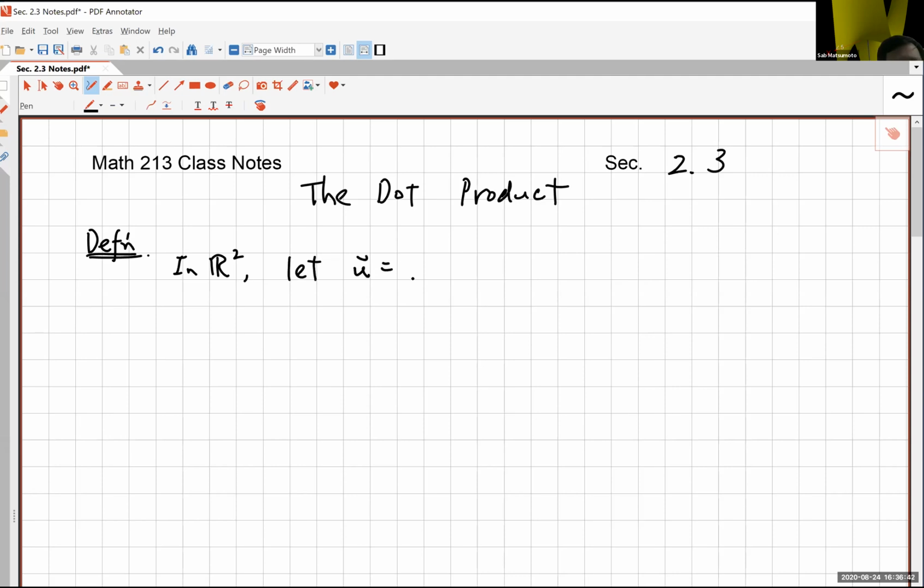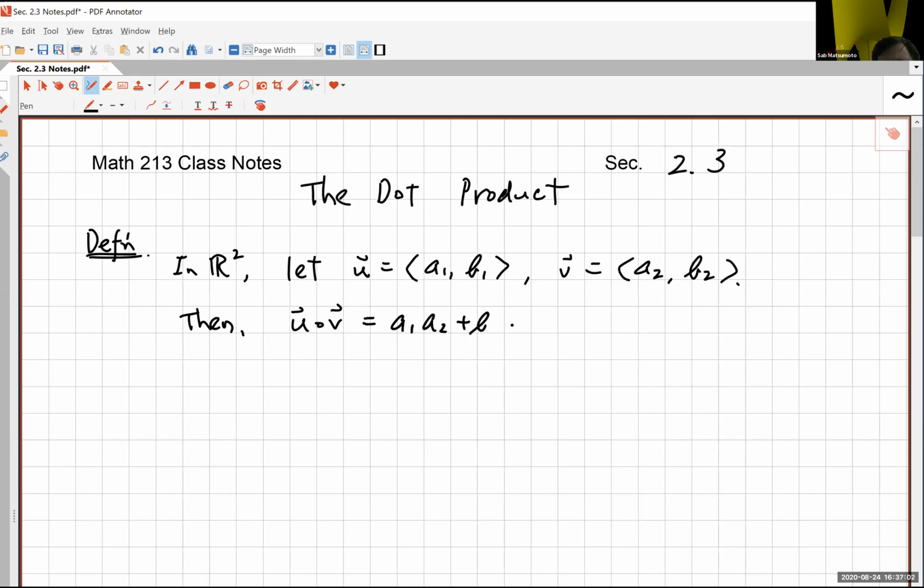Let U be, let's say, (A1, B1), and V be (A2, B2), okay? Simple enough. Then the dot product, and we use this dot because it is the dot product. The dot product of U and V is simply A1 A2 plus B1 B2.